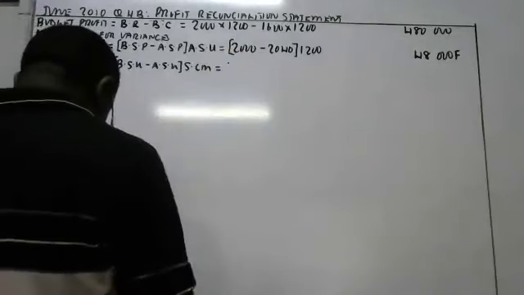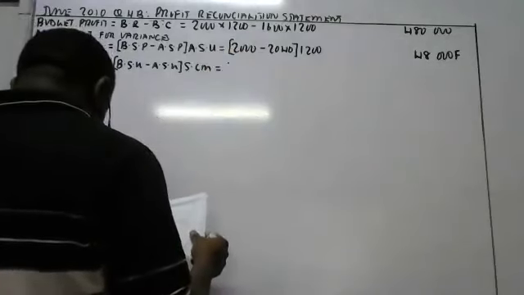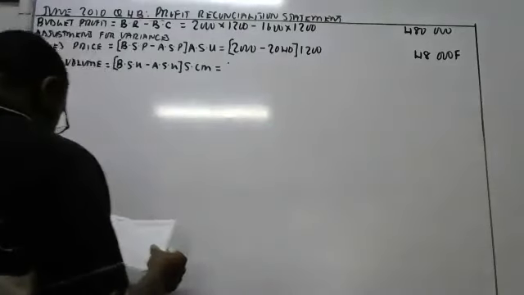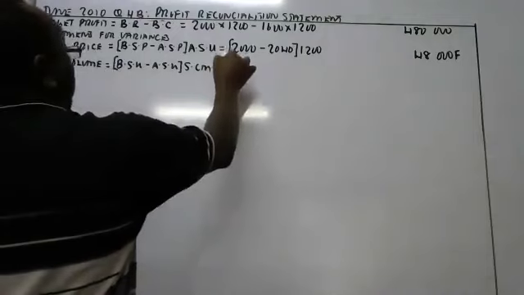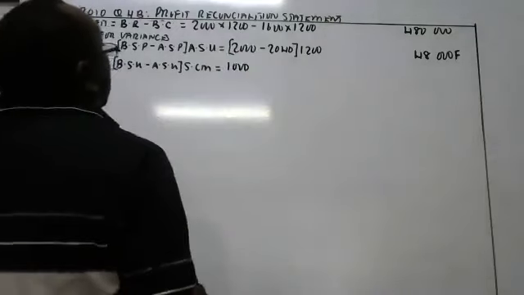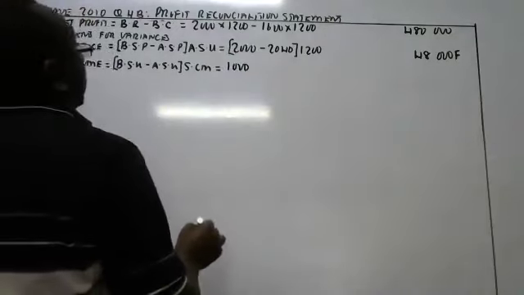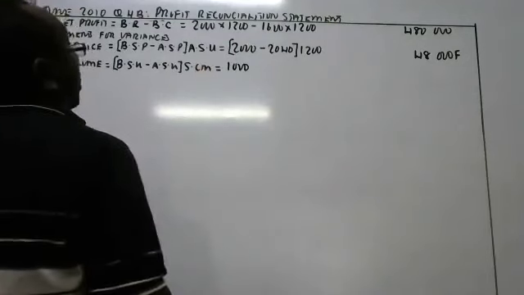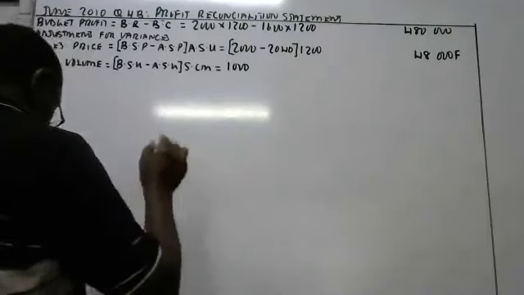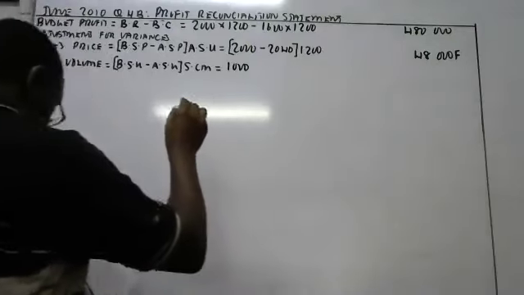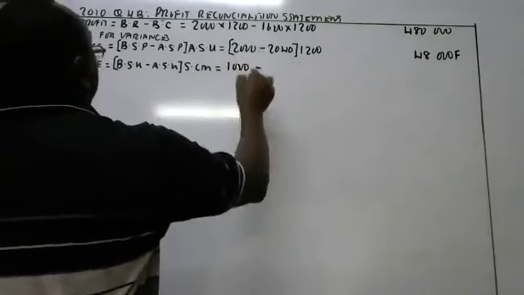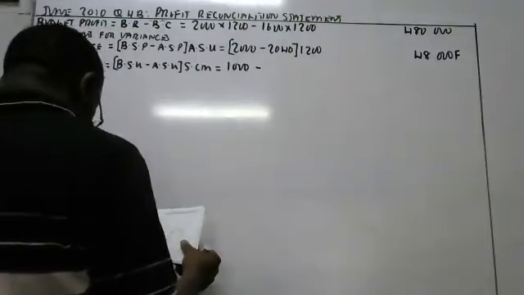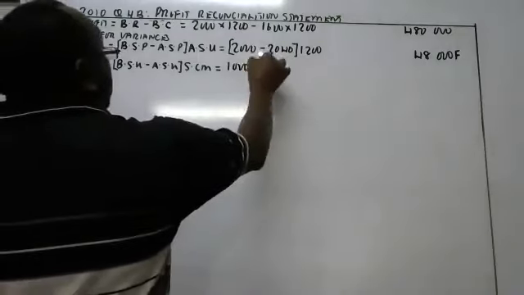Is that so? Oh, the budget production was 1,000. Minus the actual sales units. They sold in the actual case 1,200.